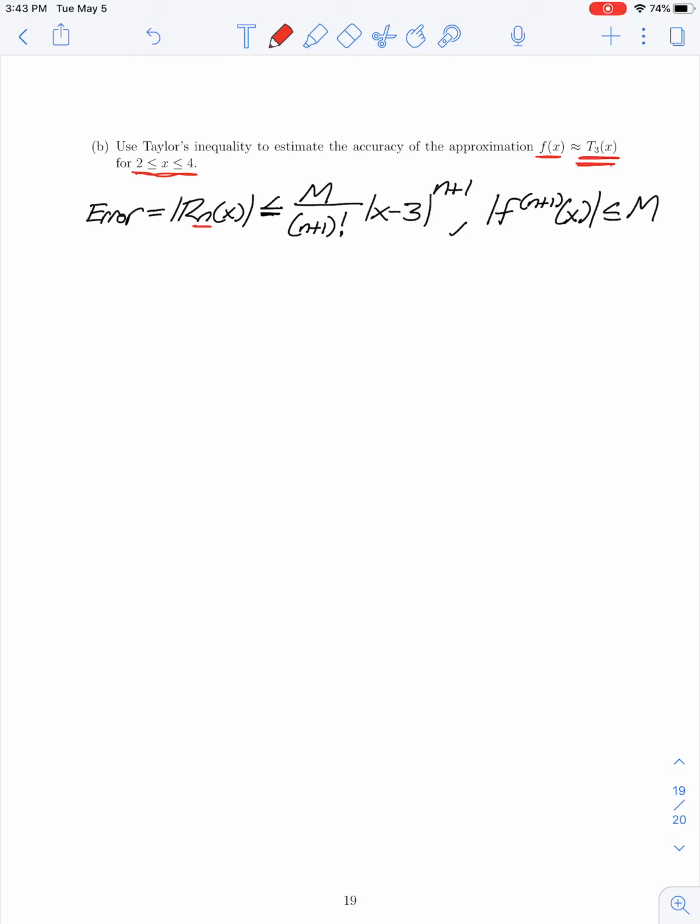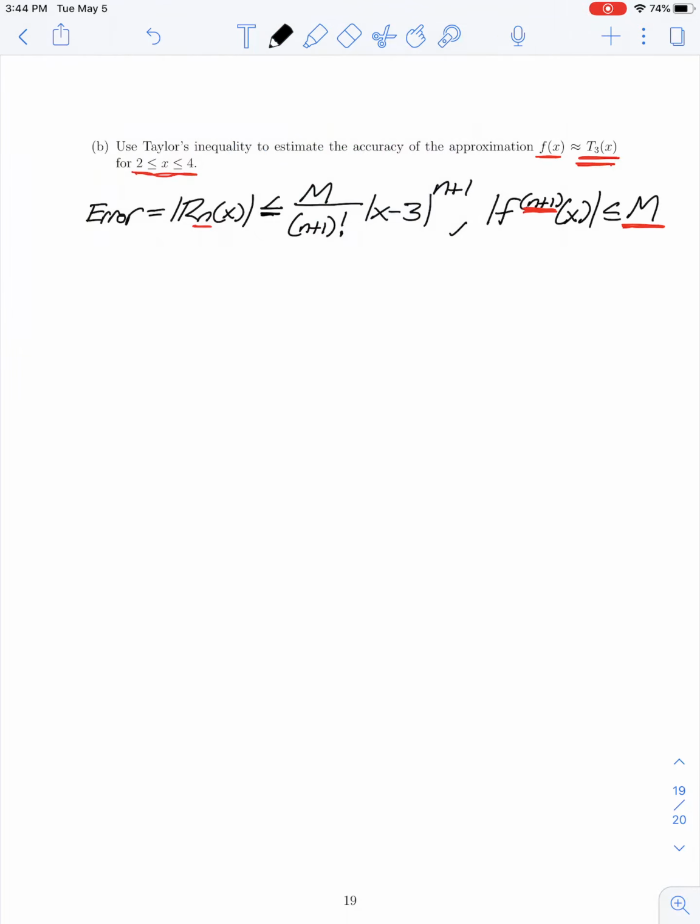So the first thing that I want to do for Taylor's inequality is find this value of capital M. In order to find capital M, I'm going to need to look at the n plus first, or if n was equal to 3, the fourth derivative of my function.